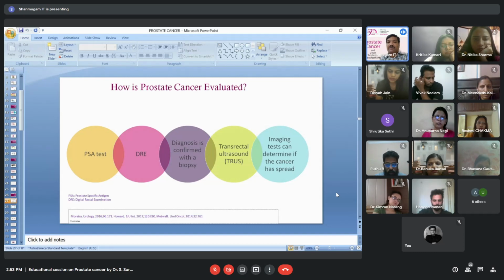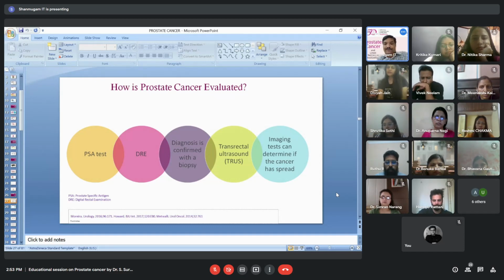When it comes to PET scan, we now have a specific one called PSMA PET scan. So that will give a good idea, and instead of FDG PET, you can see that this can be a better imaging option.